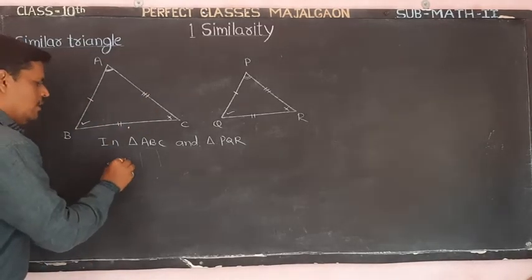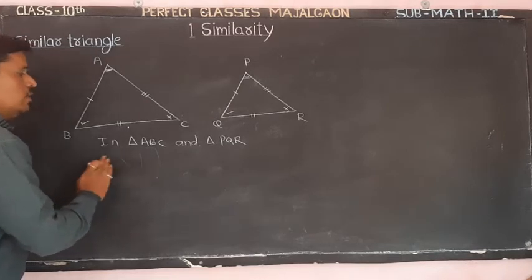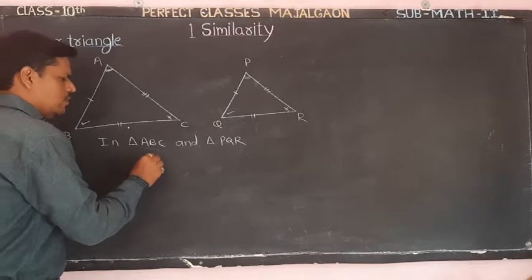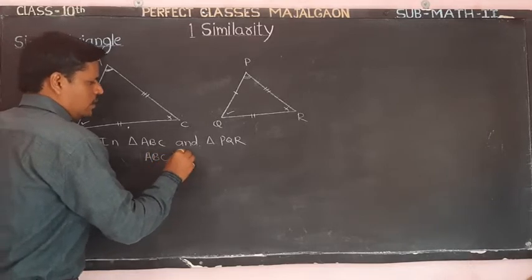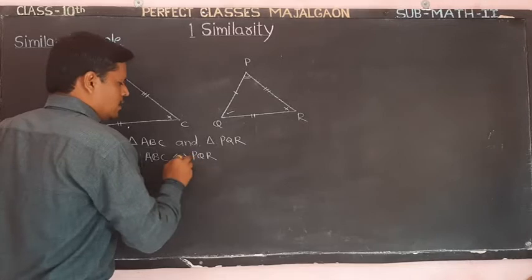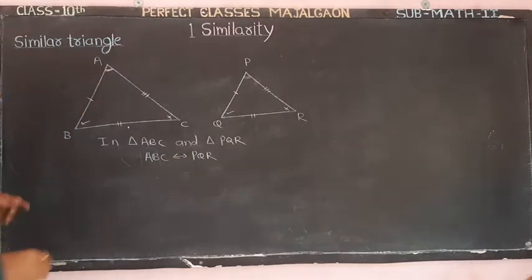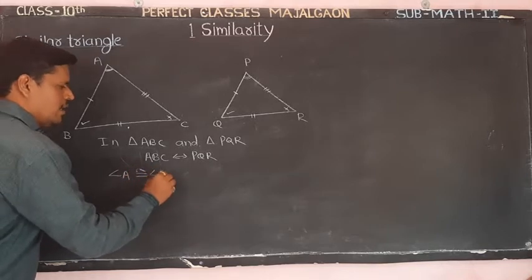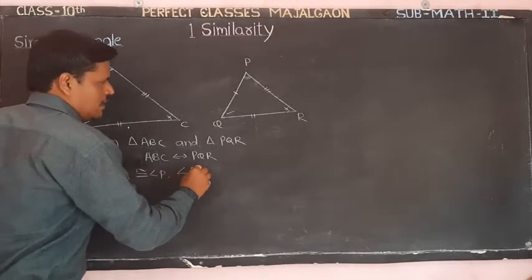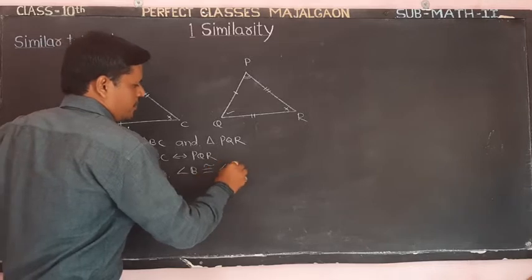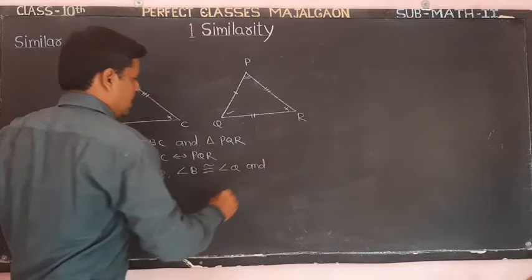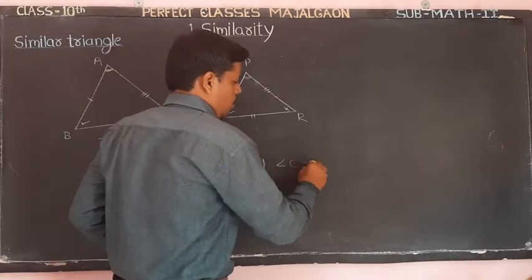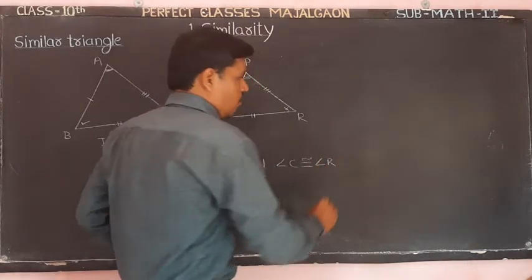With the one-to-one correspondence ABC to PQR, we can say that angle A is congruent to angle P, angle B is congruent to angle Q, and the third angle C is congruent to angle R. All the angles are congruent.